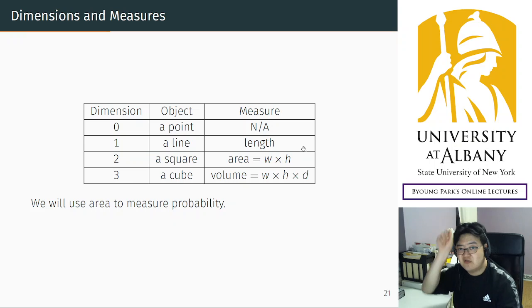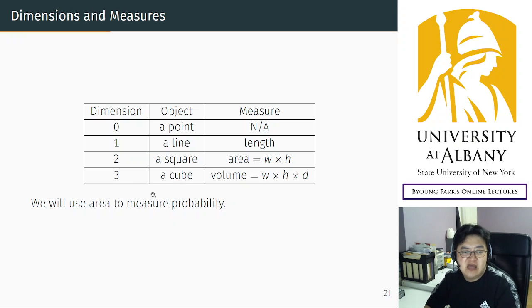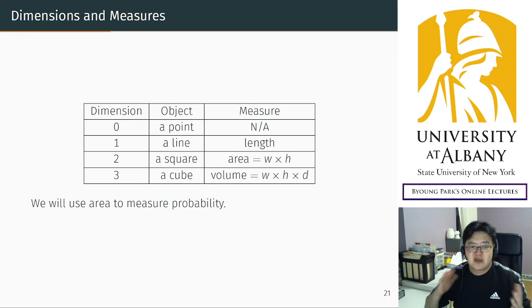You know how to calculate the size of a square. And in 3-dimensional space, an object is a cube, like a dice, and its size is measured by its volume. Volume is a 3-dimensional multiplication of width, height, and depth. So 3 measures are multiplied.